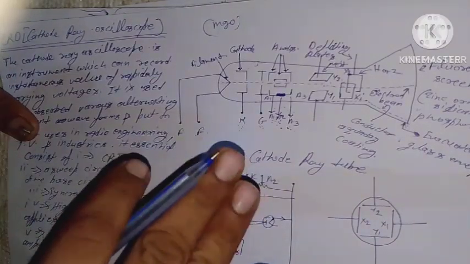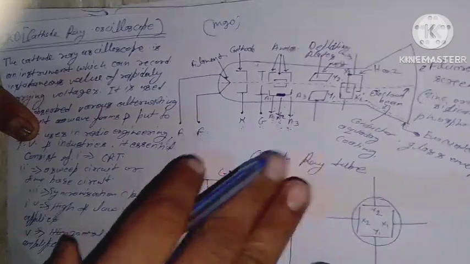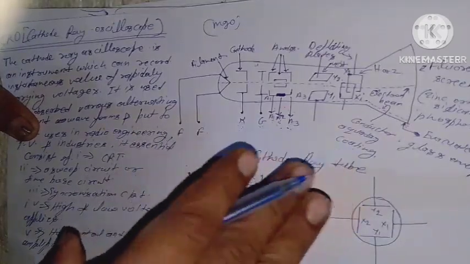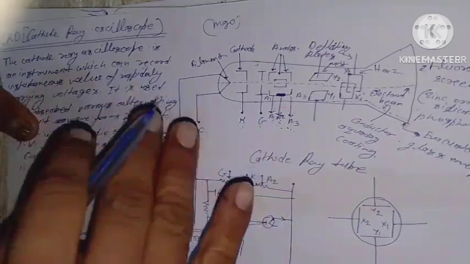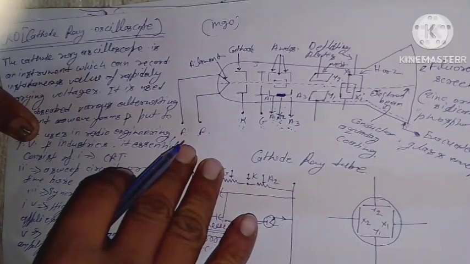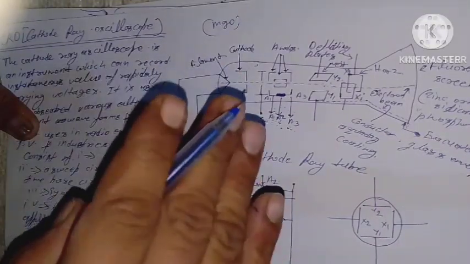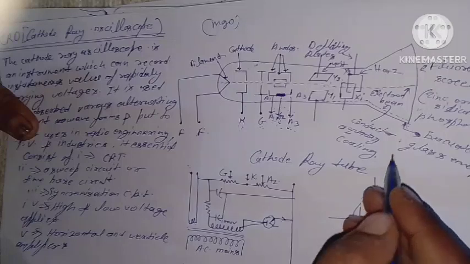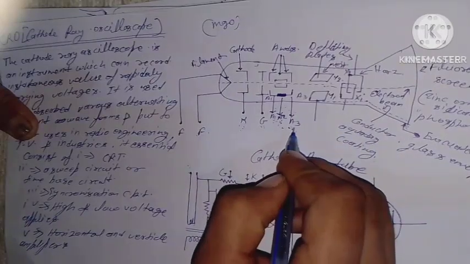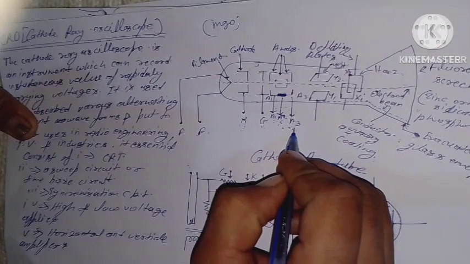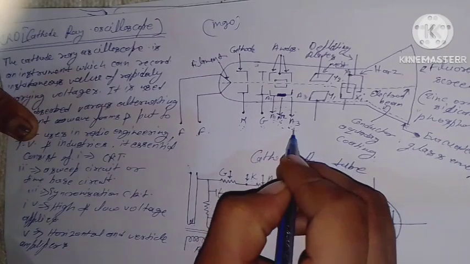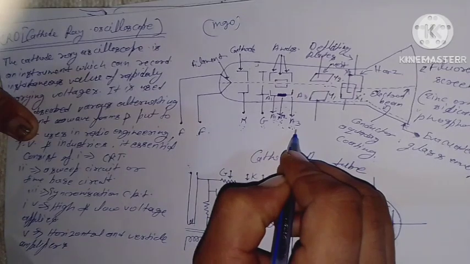The inside of the neck of the tube is coated with aquadag or some other conducting material, thereby connecting the screen to the final anode A3. The screen is therefore maintained at the same potential as A3, which keeps the electron beam from A3 to the screen in free flight.